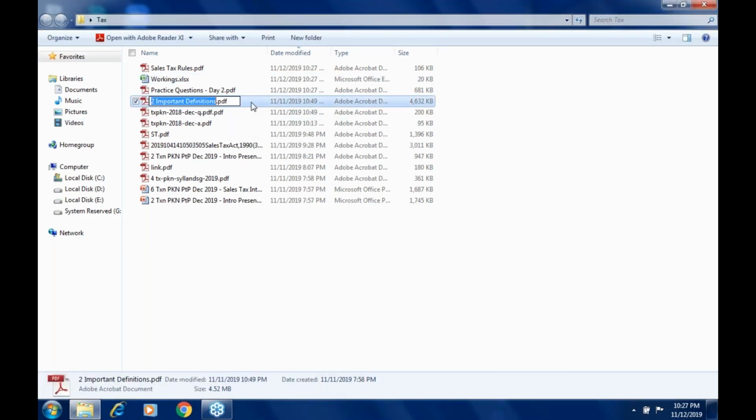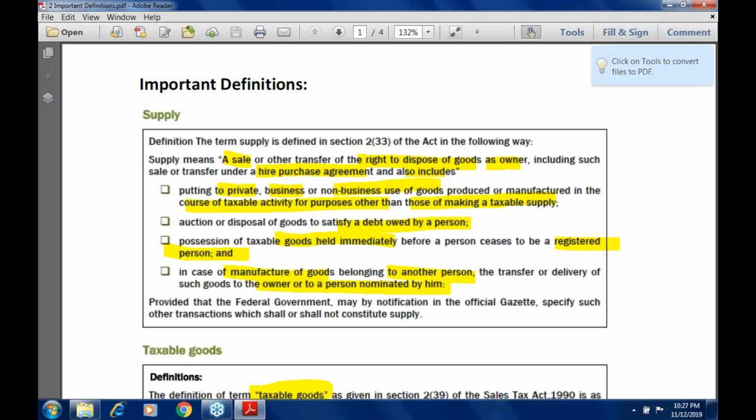Anyways, we now need to go back to another aspect, which is the important definitions. I hope that everyone has this handout. Just in case you don't have it, I'm going to attach it to the handout window. Just wait for a second.